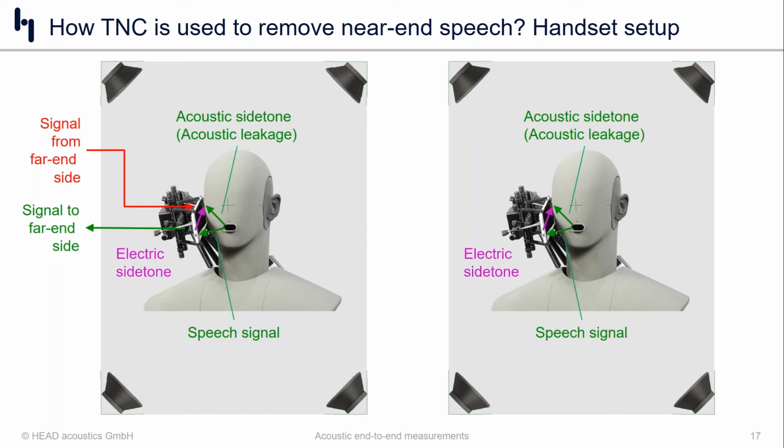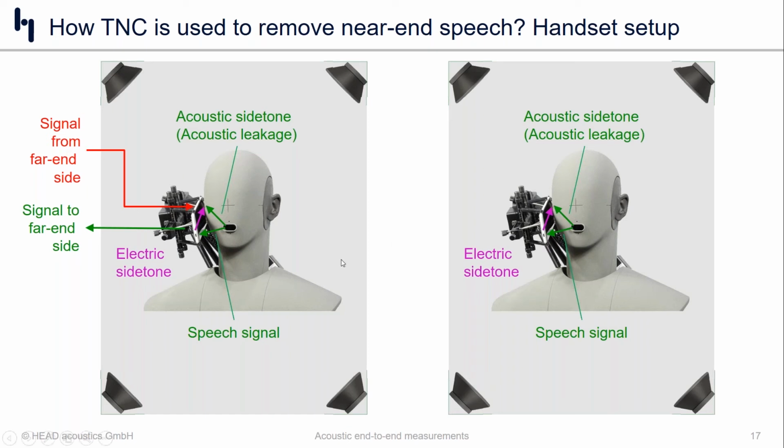So we're not just wanting to remove the acoustic side tone, sometimes known as acoustic leakage, but we also want to measure and eliminate the electric side tone so that we can gauge the potential echo signal coming from the far end.